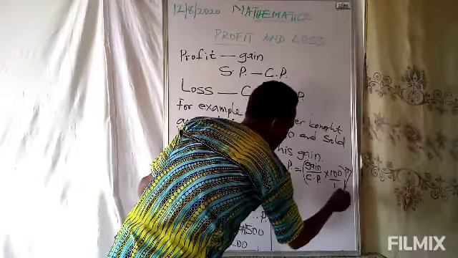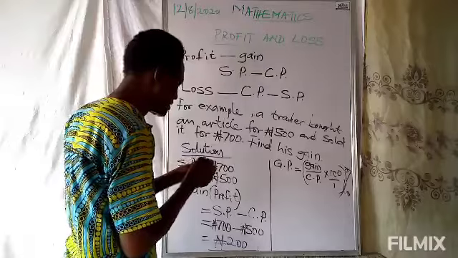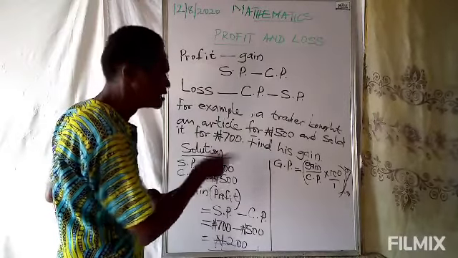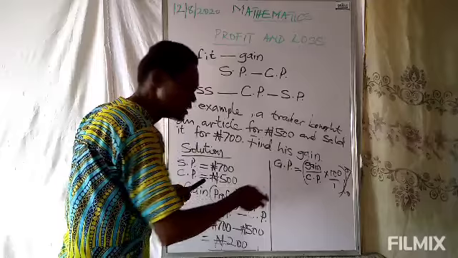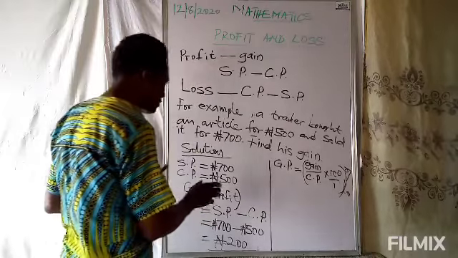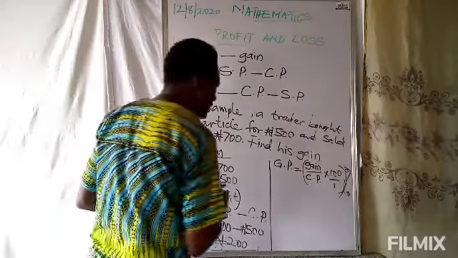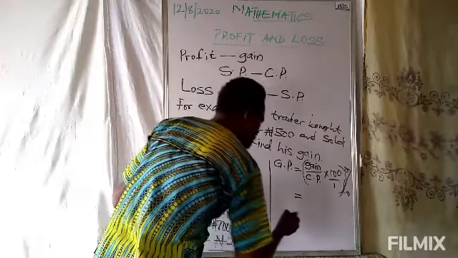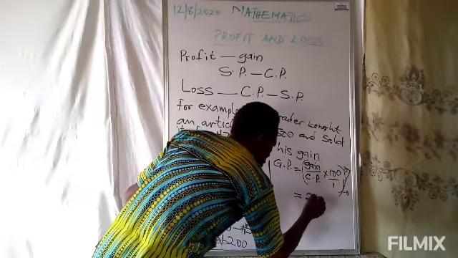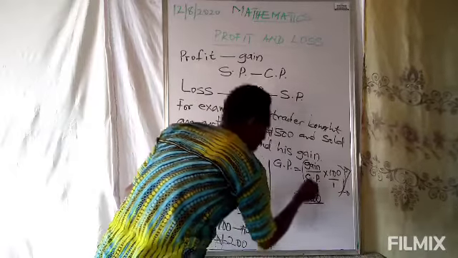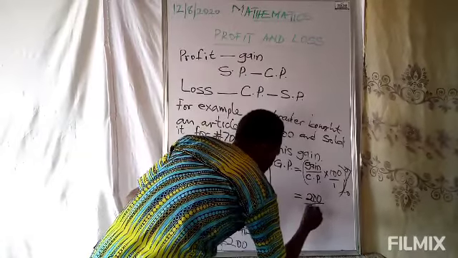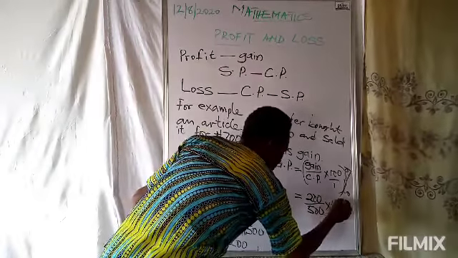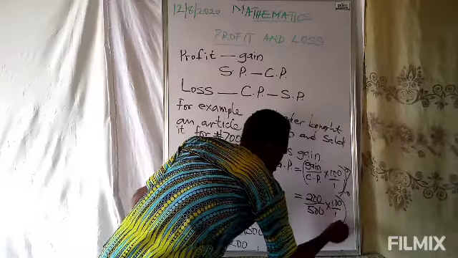That's the formula. So here now, the gain percent becomes gain. What is the gain? Gain is 200 naira. So 200 all over cost price. Cost price is 500 naira times 100 over 1, all in percent.